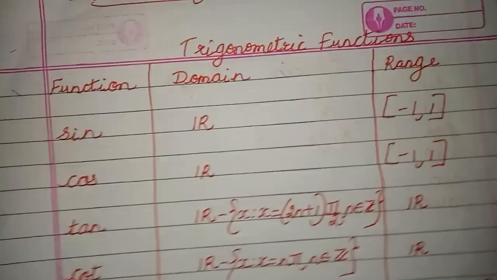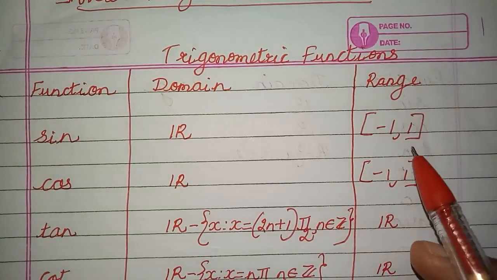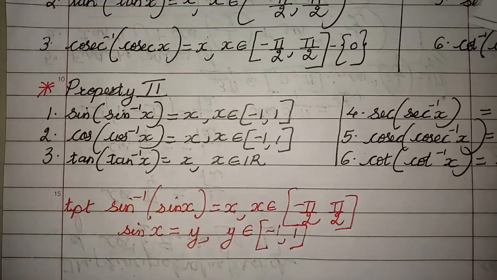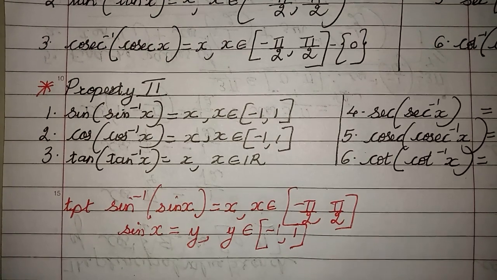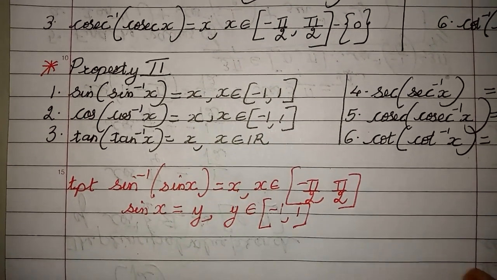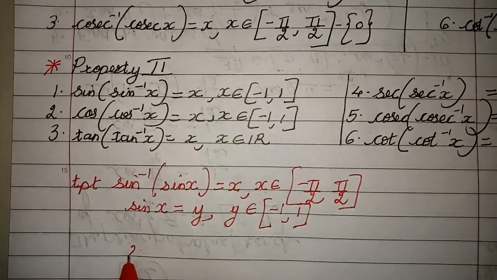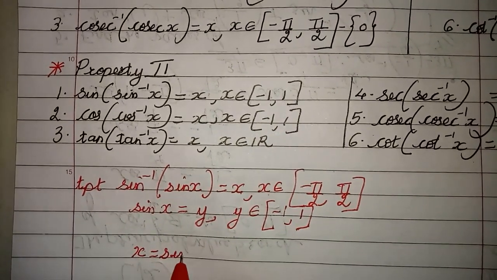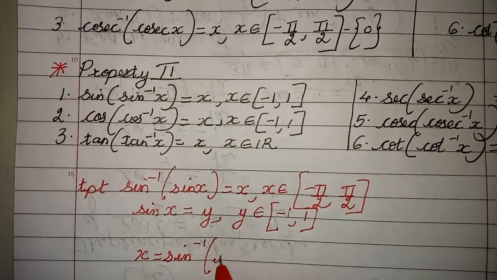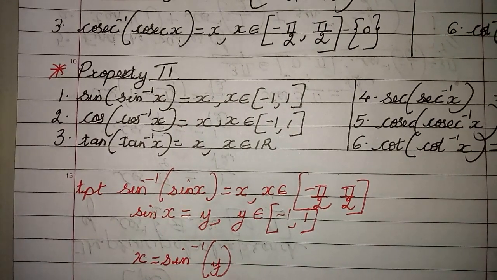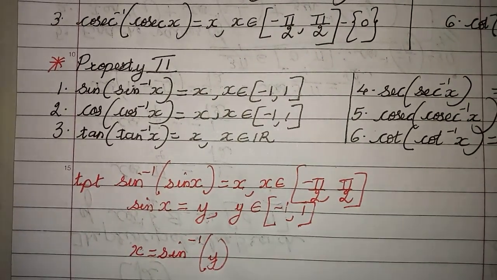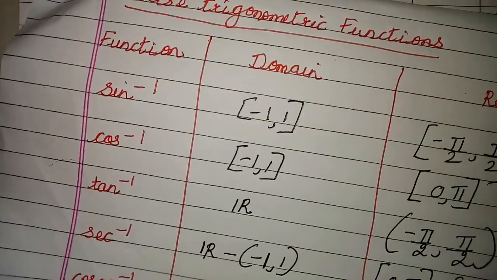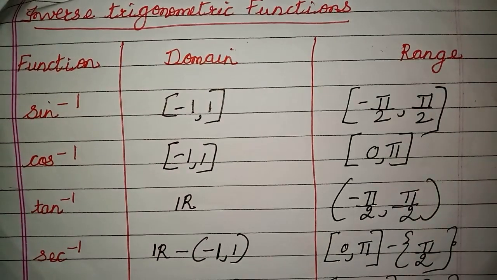You can see yesterday's table. Also you can see the range is minus 1 to 1. If you remember the graph, sine is oscillating between minus 1 and 1. Now if I write x equal to sin inverse of y, I have to be careful that if sin has to become sin inverse, then it should satisfy the condition of domain and range of the inverse trigonometric function sin inverse.